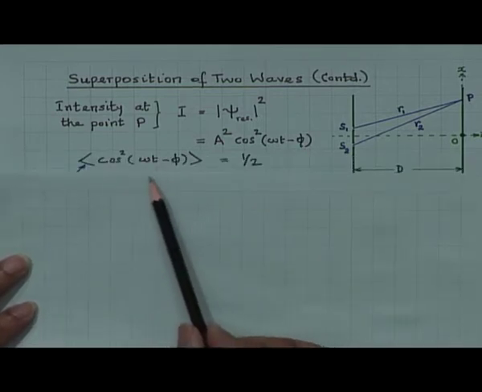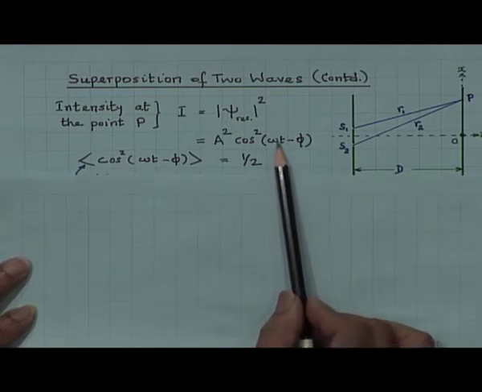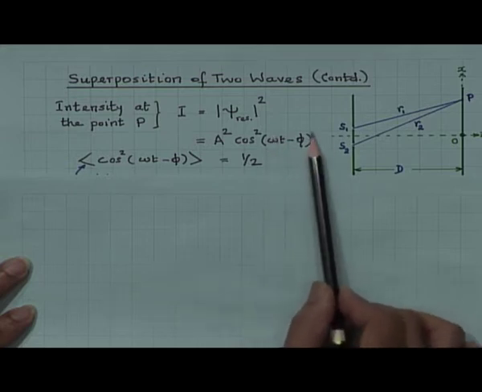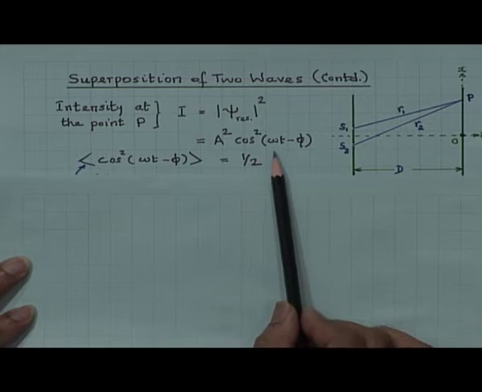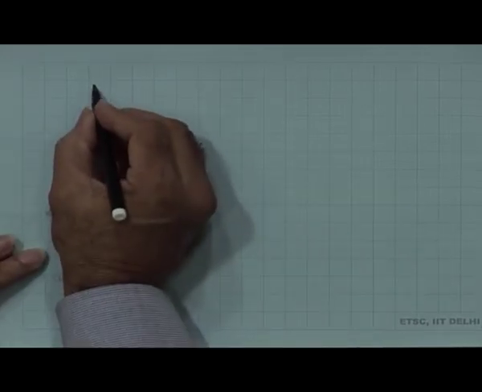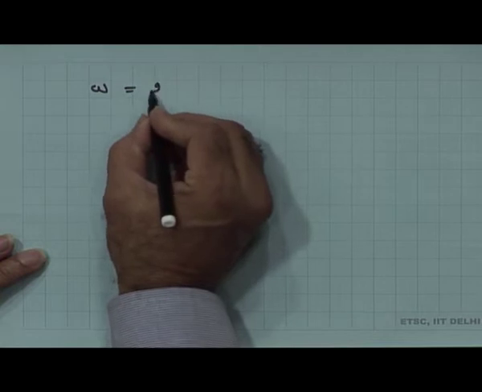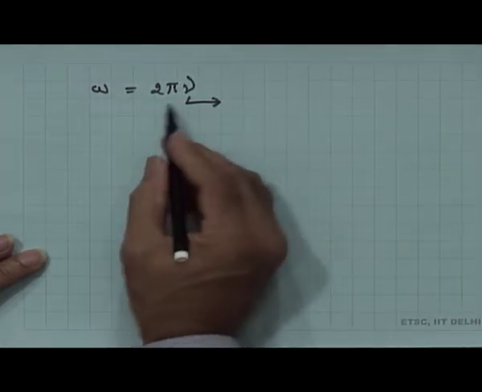Now, cos square omega t minus phi, because omega is a very large number. So, we are determining the intensity. What is omega? Let us discuss this here. Omega is equal to 2 pi into nu, where nu is the frequency of light.